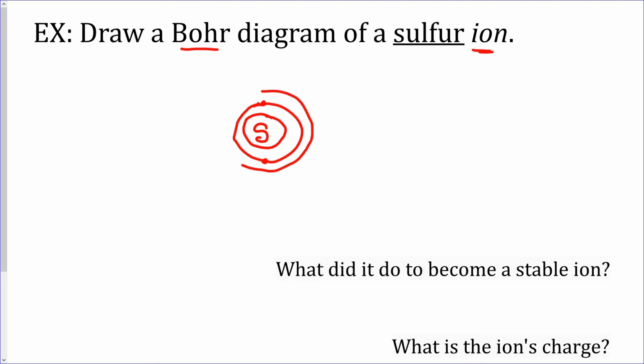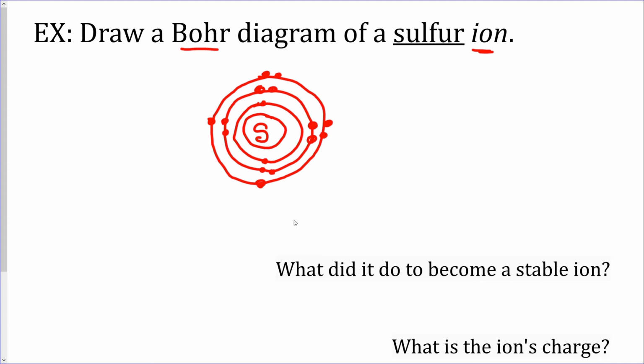We will have 8 in the second, 1, 2, 3, 4, 5, 6, 7, 8, and that gives us 10. What did we say? We need 16. So we need 6 more. 1, 2, 3, 4, 5, and 6.